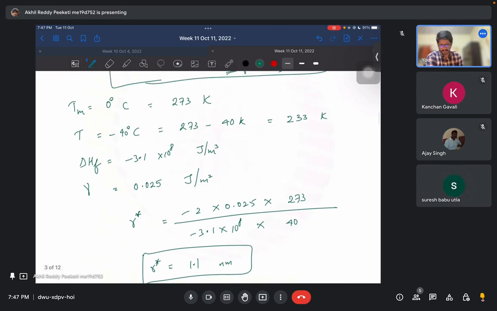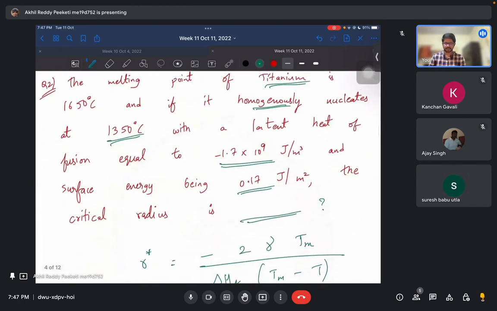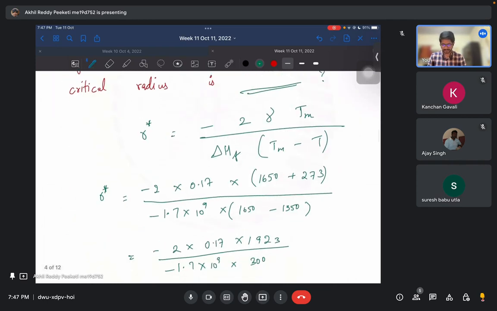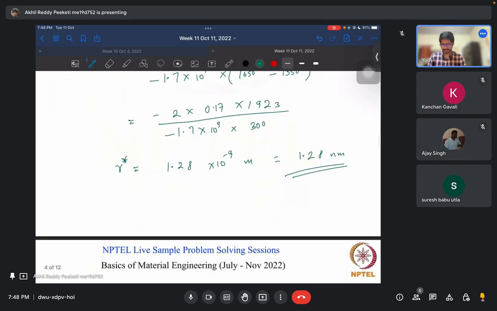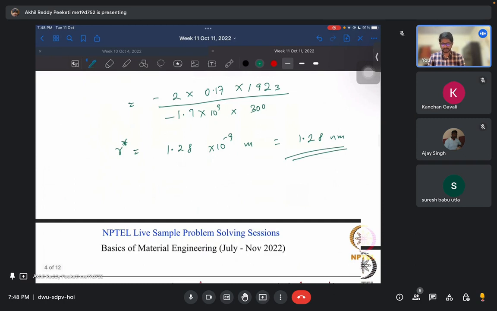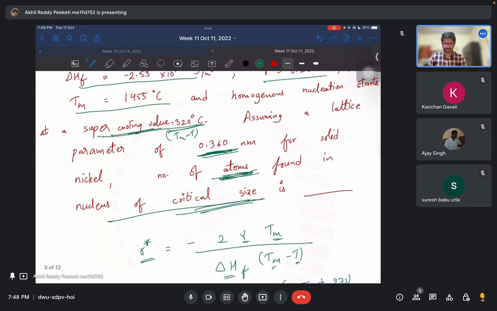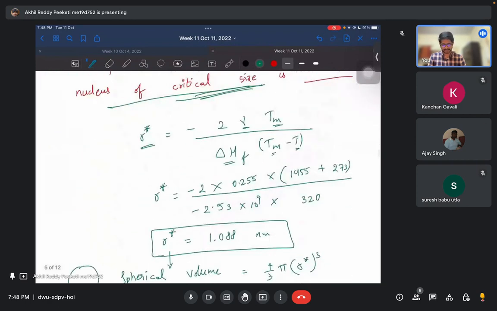Similarly, question 2 has titanium, and we estimate the critical radius the same way. In the third question, they went one step ahead and asked for the number of atoms inside the nucleus of critical size. First we estimated the critical radius.